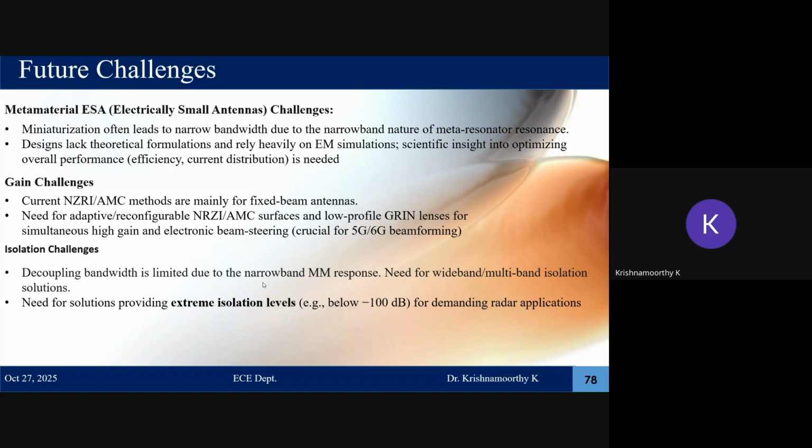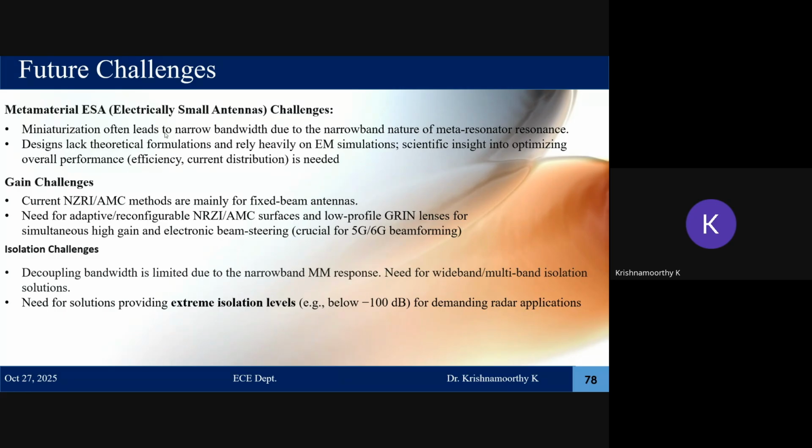Using these metamaterial structures, we can get further enhancement of the antenna characteristics. We can get electrically small antennas, so we can design miniaturized antennas using metamaterial inspired structures.